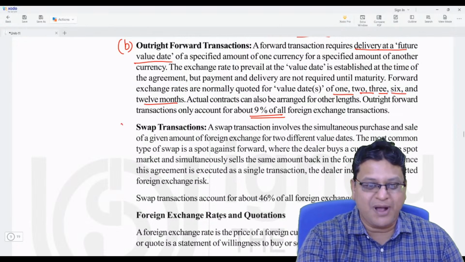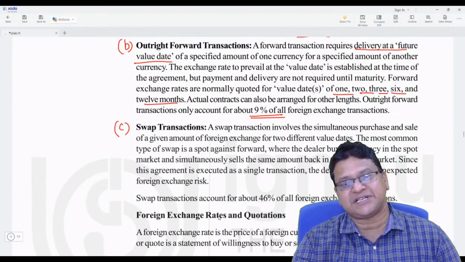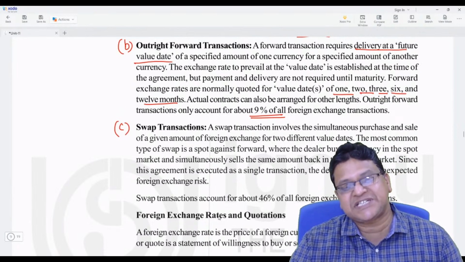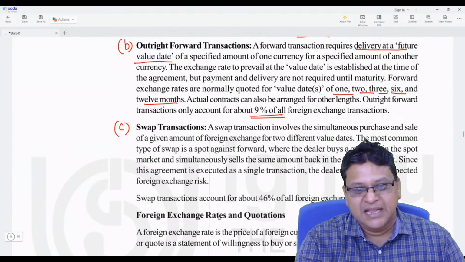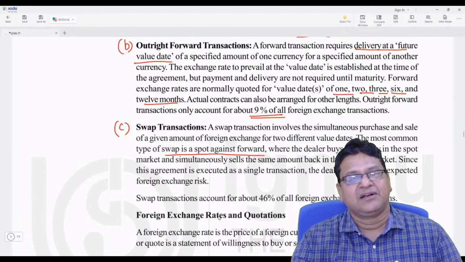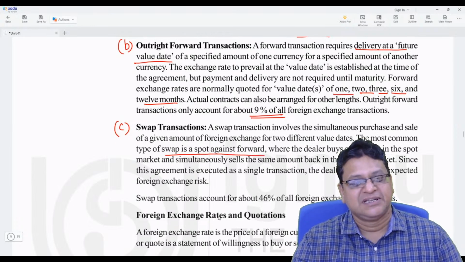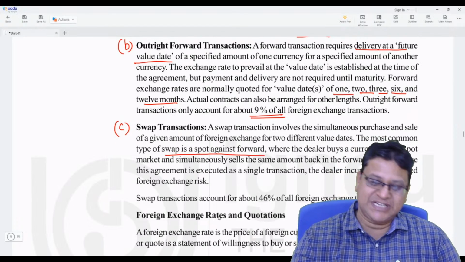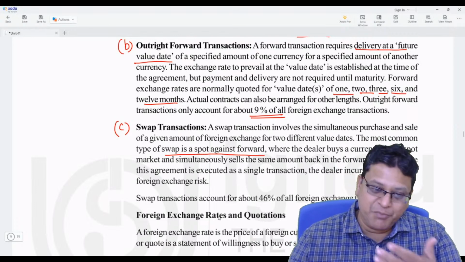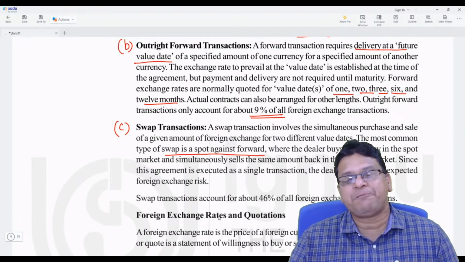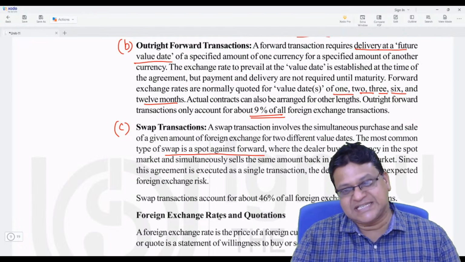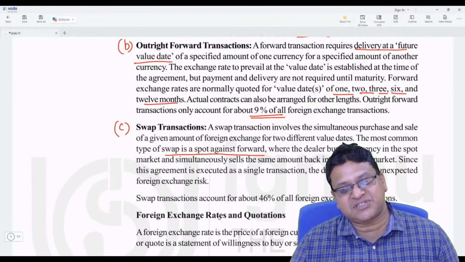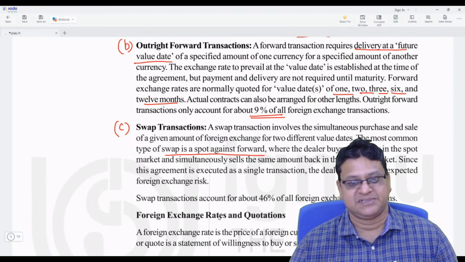Another is swap transaction. What is swap transaction? Swap is a string of forward contracts. Many forward contracts combined together consist swap transactions. So it's a bundle of forward transactions where parties agree to exchange two streams of cash flow between themselves.